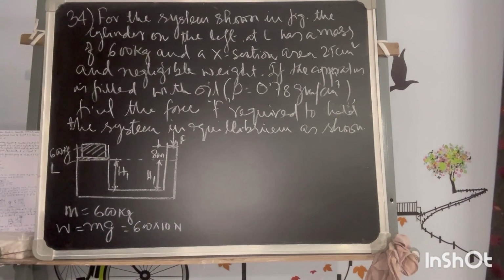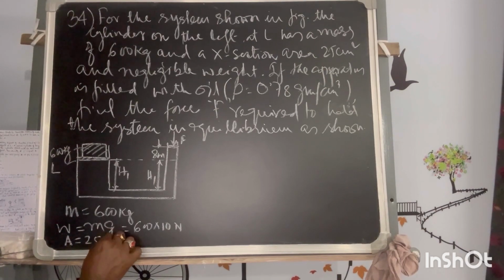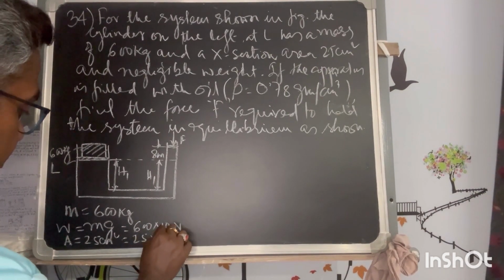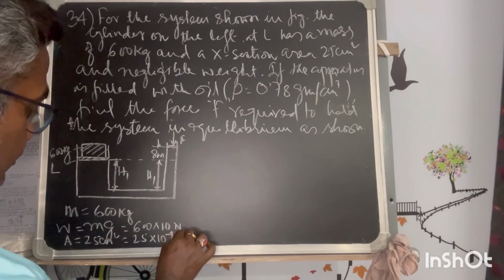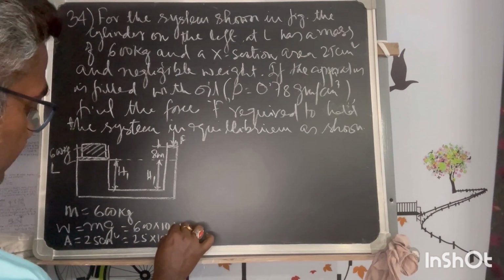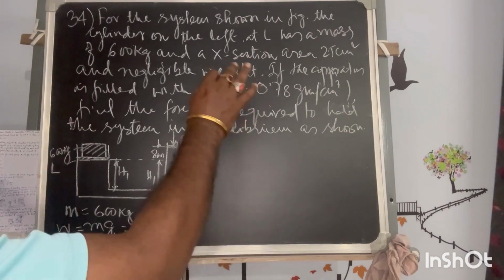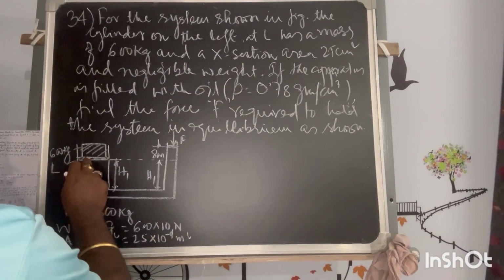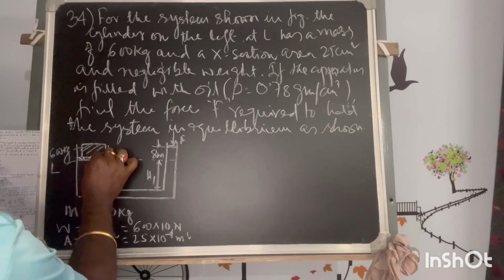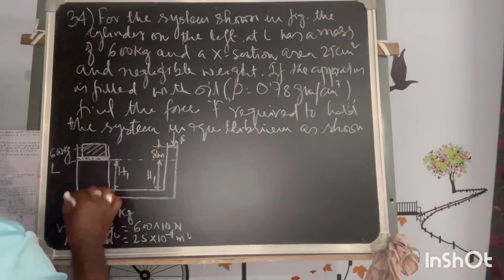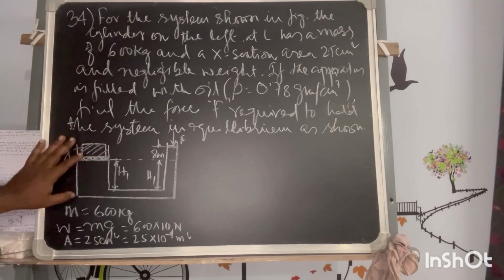Okay. And the cross section is given as 25 centimeters square, which I will convert into meter square with 10 to the power minus 4 meter square. I am converting everything into SI. And the piston has negligible weight. This piston itself has no weight; it does not add any weight apart from this 600 kg of mass.